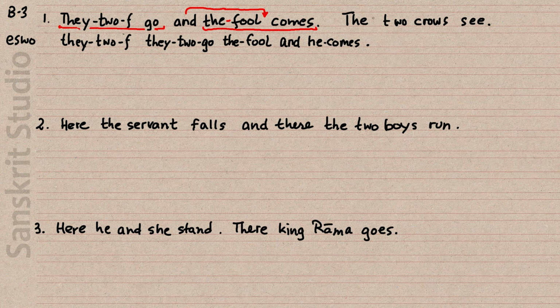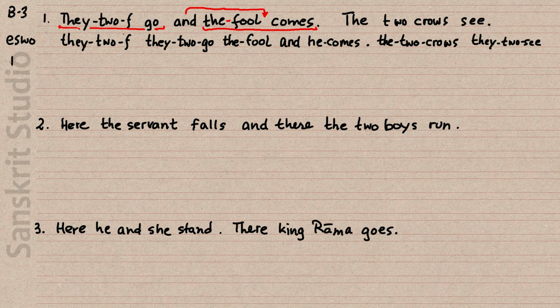And then we have the two crows here, and those both go like that. And then we have to have also explicit here, they two see. So that is one. The second sentence will only be 2 words instead of 4 in English.